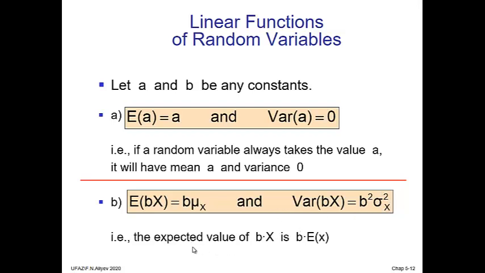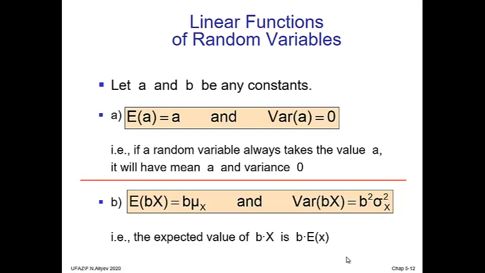Here the expected value of bx is b multiplied by the expected value of x, and we may say also that if the variance is b squared multiplied by the variance of x, the standard deviation of bx is equal to the absolute value of b multiplied by the standard deviation of x.